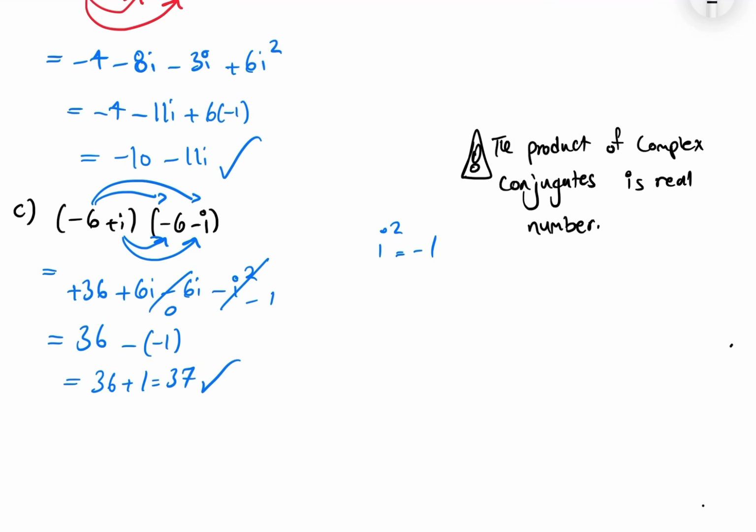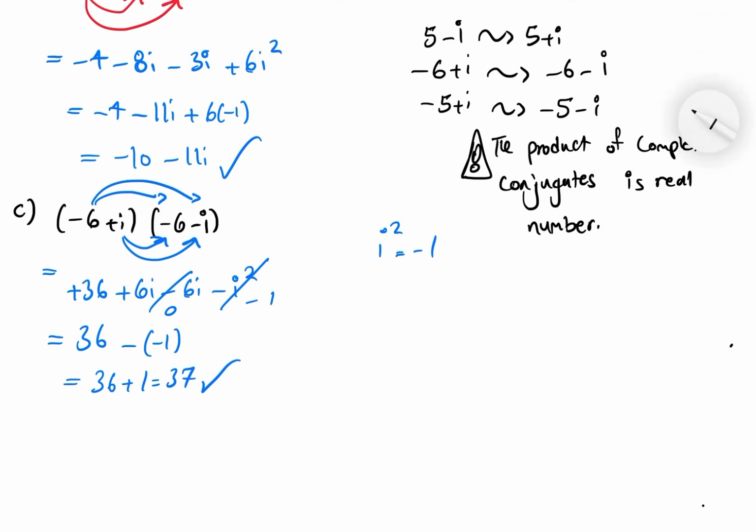Over here, the conjugate of negative 6 plus i is actually negative 6 minus i, right? Another example, if you had negative 5 plus i, the conjugate of this would be negative 5 minus i. Or the conjugate of, for example, positive 5 minus i would be 5 plus i. So it's basically the opposite.